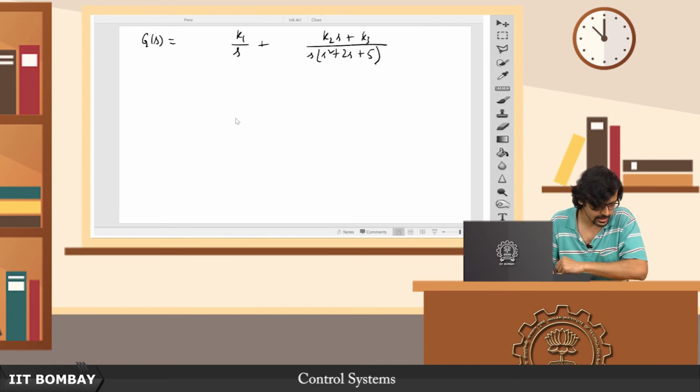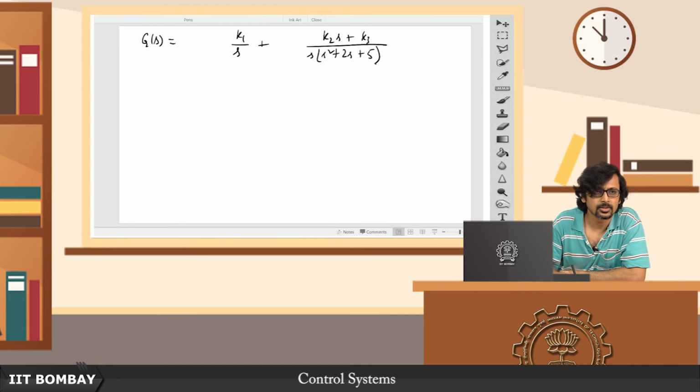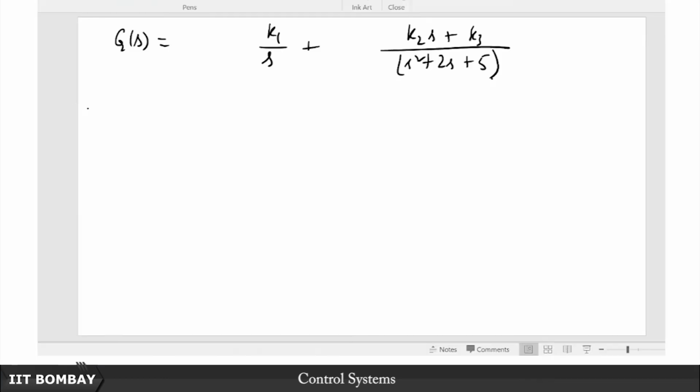So what we do next is we multiply both sides by, sorry, not this, this will just remain this. So we multiply both sides by s into s squared plus 2s plus 5. So then on the left hand side we get just 3.